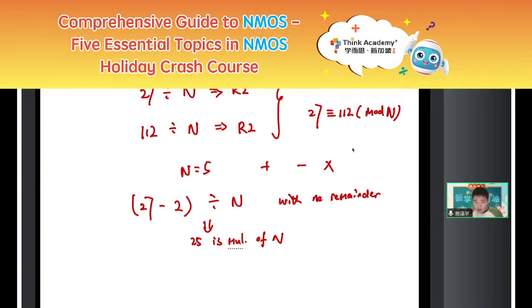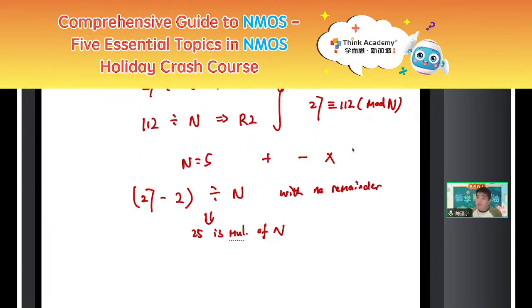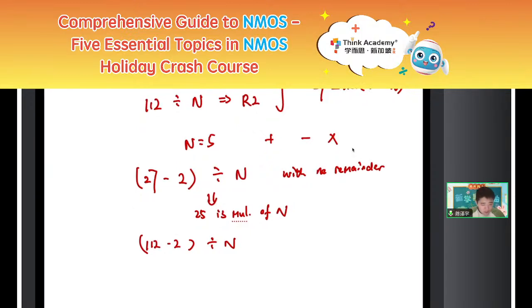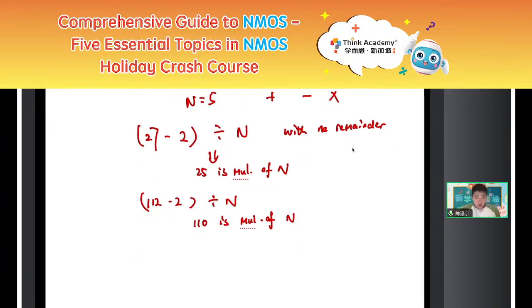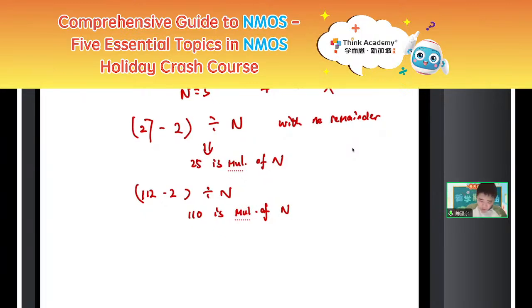Now I can do the same thing for the 112. I get rid of the remainder. That'll be 112 minus 2 divided by n, which definitely also has no remainder. So that is saying 110 is also a multiple of n. In this case, we know two multiples of n. That's why for n, we can just look for the HCF of these two numbers, 25 and 110.